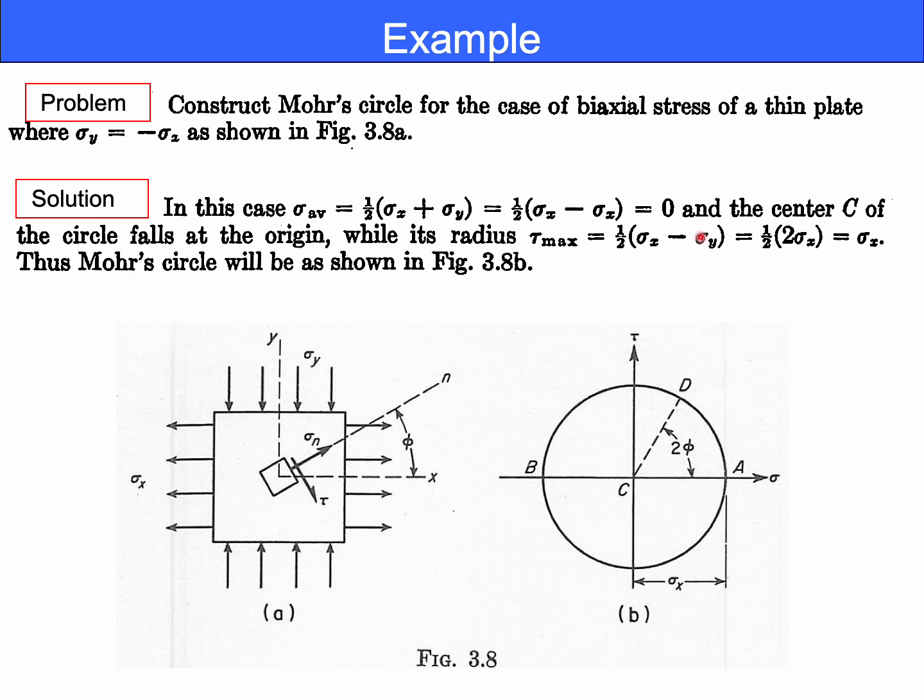And tau max, that is the radius of the circle, now becomes sigma x itself. Thus, Mohr's circle will be like this. The center is 0, the origin of the sigma-tau plane, and the radius is sigma x. This is the answer.